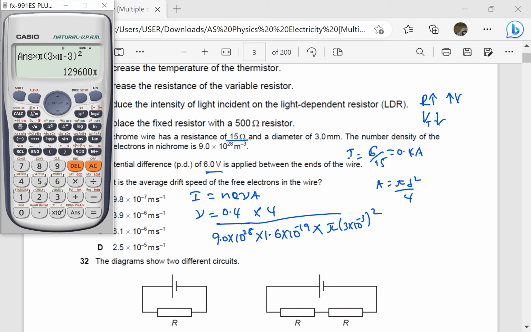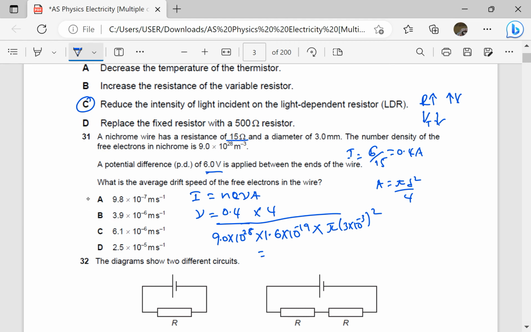Then I'll say open brackets 0.4 times 4 divided by the answer, which is giving me 3.9 times 10 power negative 6. So this is 3.9 times 10 power negative 6 meters per second, which makes the answer to be B.